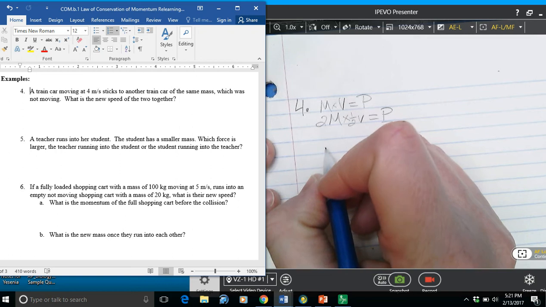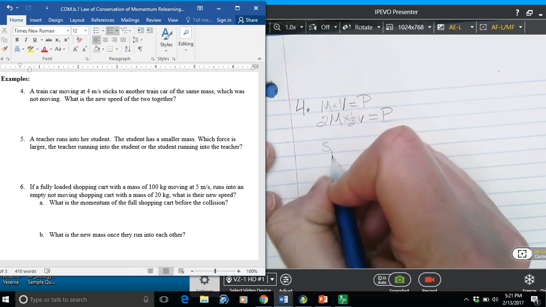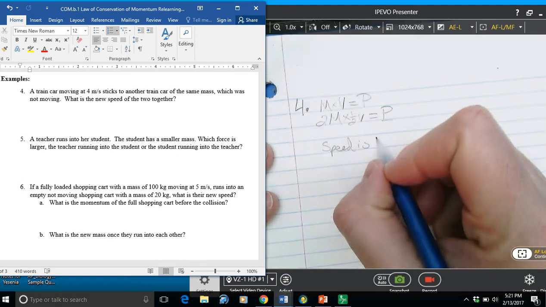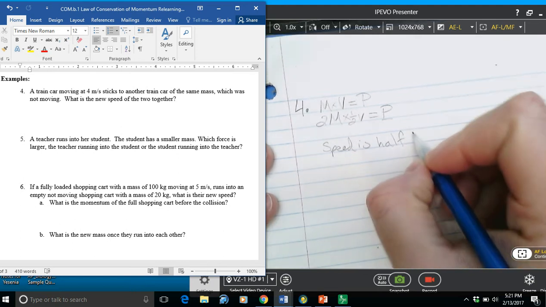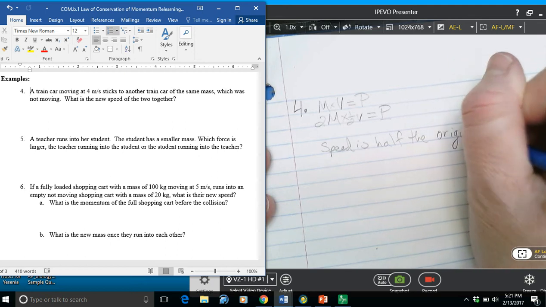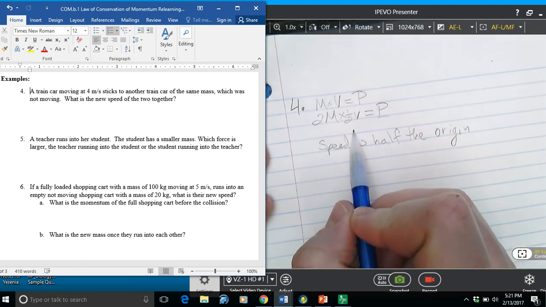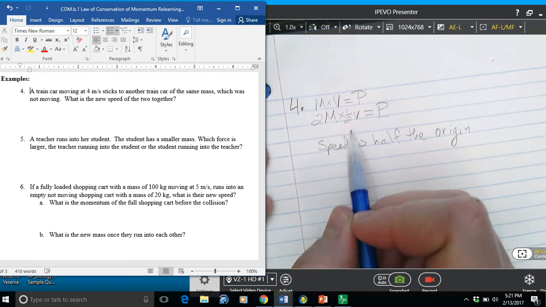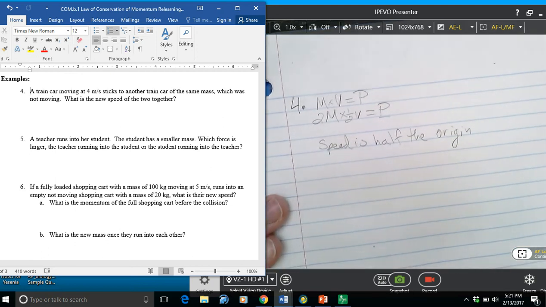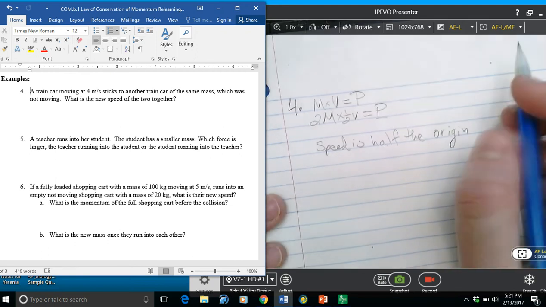So the answer for number 4 is the speed or velocity is half the original speed. If this algebra description doesn't make sense to you, you can just memorize that if two things are running into each other and they have the same mass, their speed has to get cut in half.